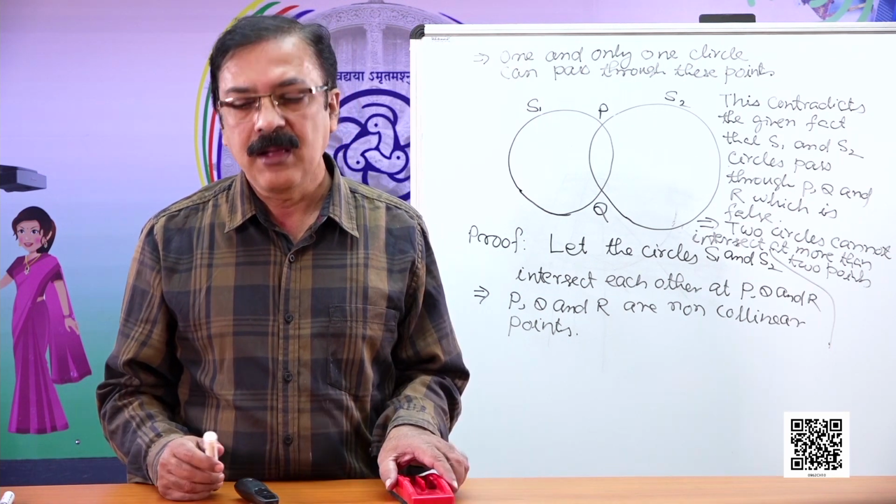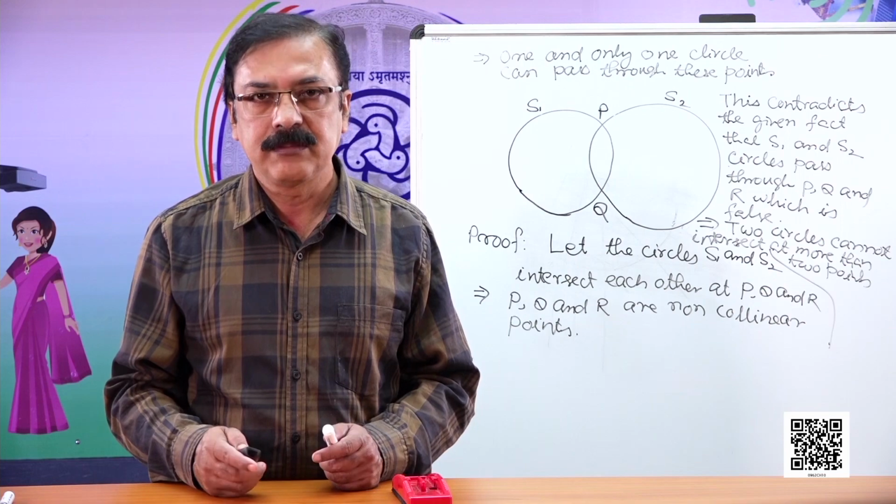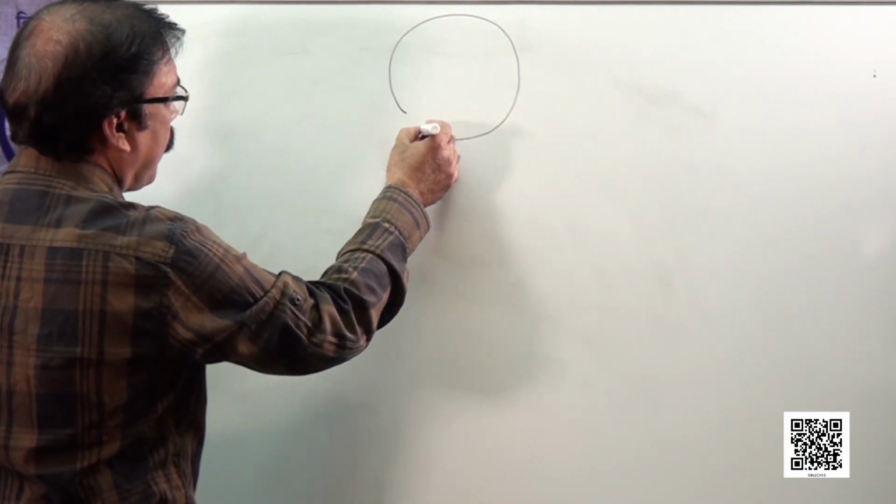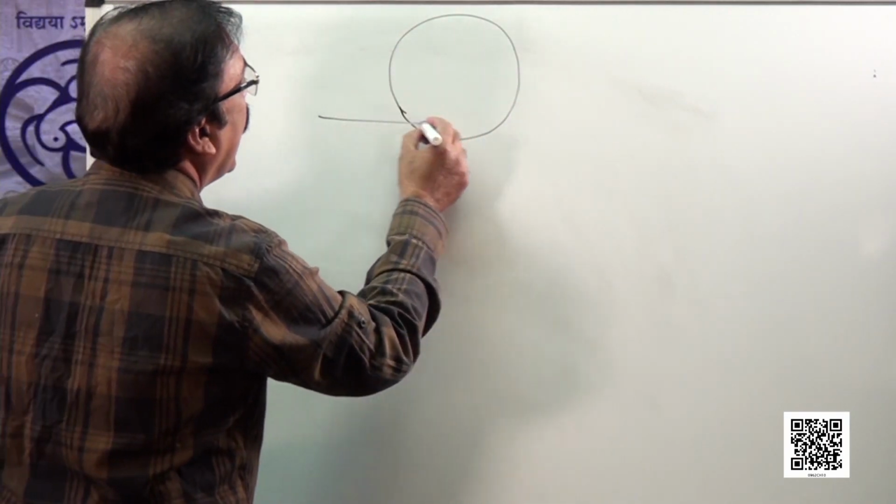Let's solve another problem. Show that a line cannot intersect a circle at more than 2 points. So let's have a circle and a line.